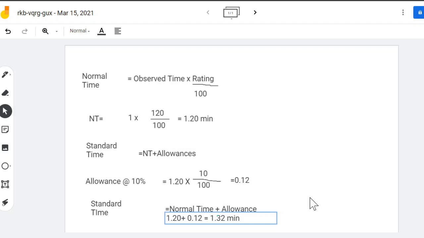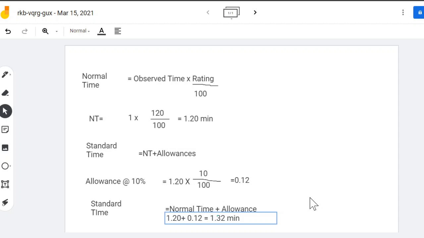As you can see, we have 35 plus 8. Setting time is 35. For the standard time, we have 35 plus 8 times 50, because there are 50 jobs.